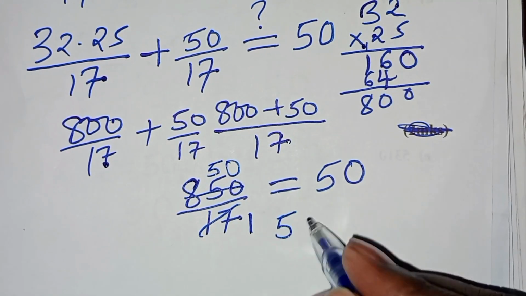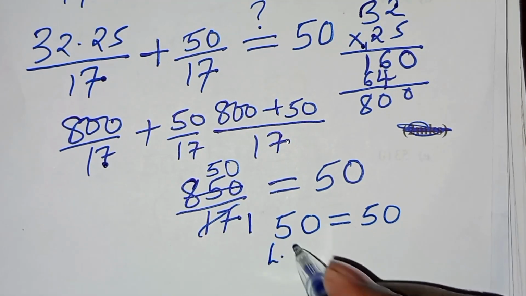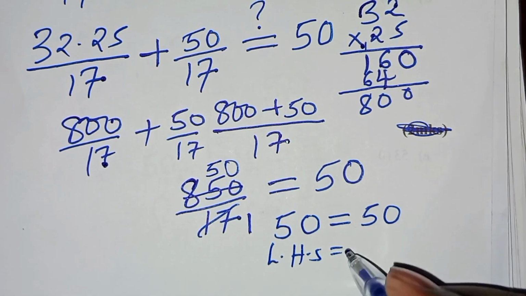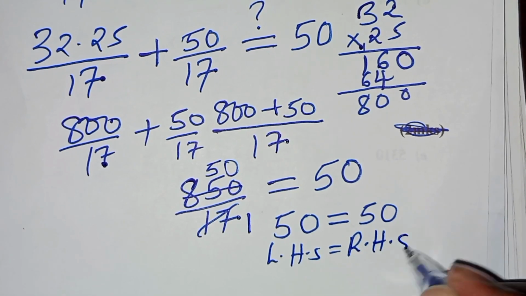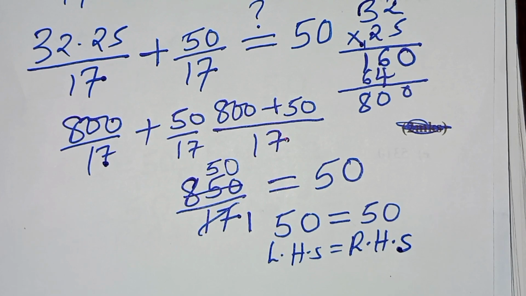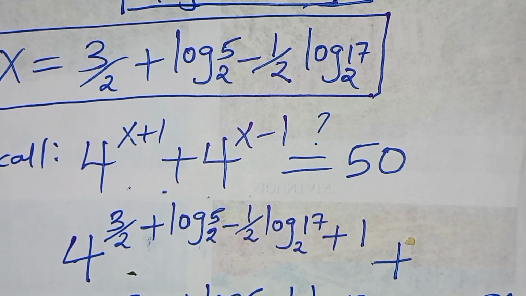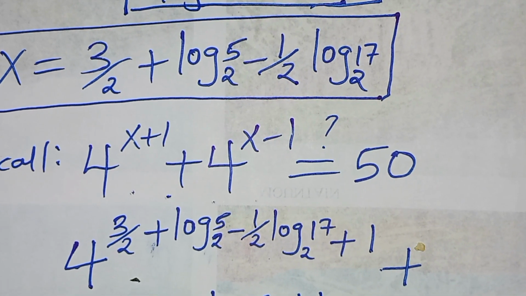So this implies that 50 is equal to 50. That is, the left hand side is equal to the right hand side. And this implies that the value of x, which is 3 over 2 plus log 5 to base 2, subtract a half log 17 to base 2, actually satisfies the equation.